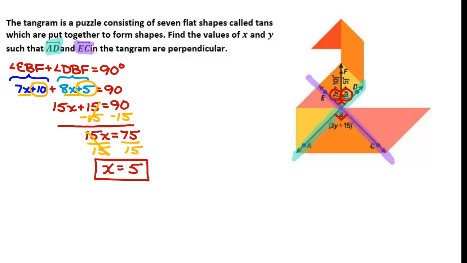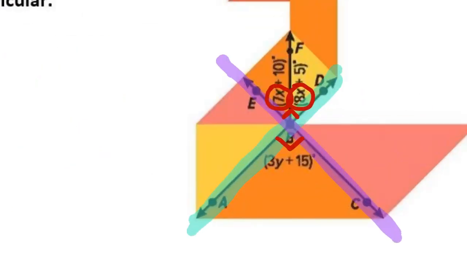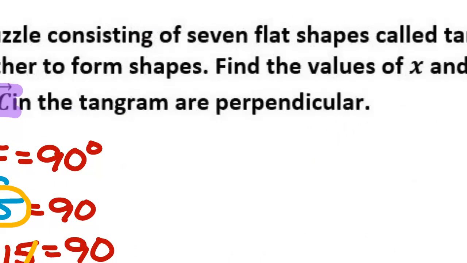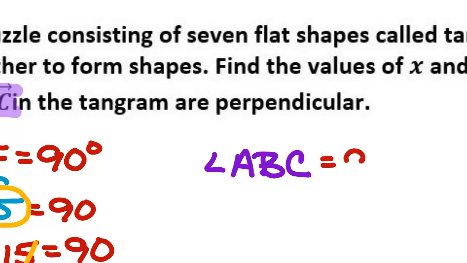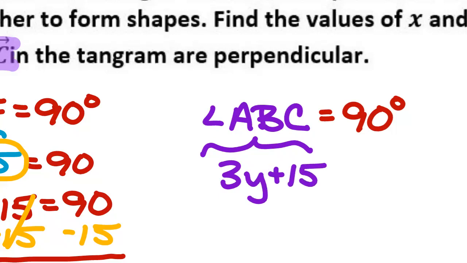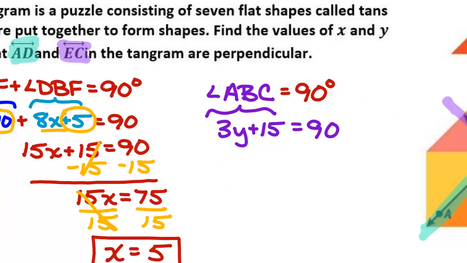And down here at the bottom, this is the only place where we have y. It's right here, angle ABC. And angle ABC is a right angle. So ABC equals 90 degrees. Angle ABC is 3y plus 15. So 3y plus 15 equals 90.